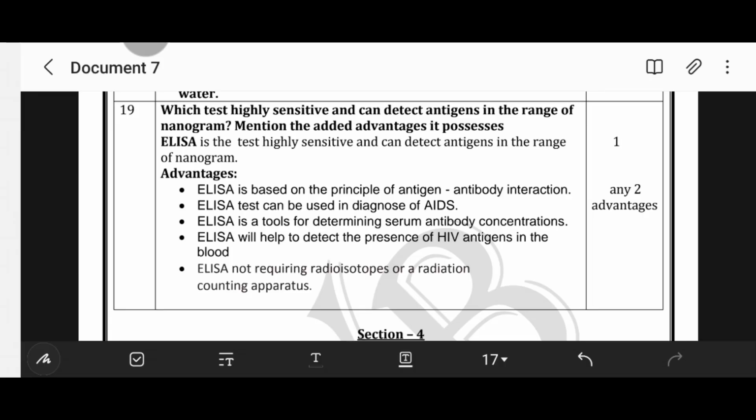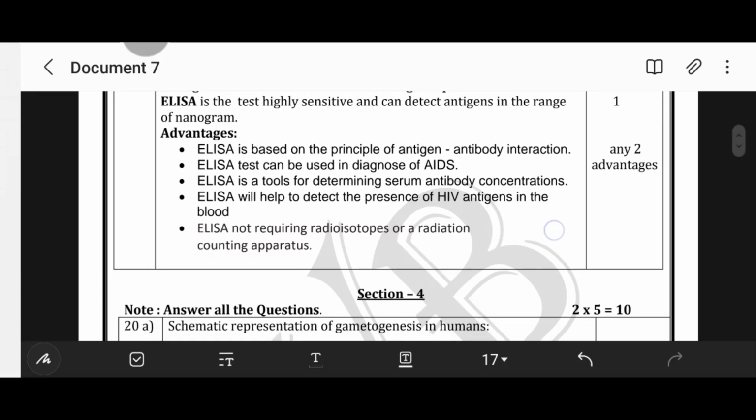In common, the advantages you write are correct, but in our book there is the line: radioisotopes or radiation counting parts not required. That's one line present in our book. We have to wait and see the government answer key. That's okay.